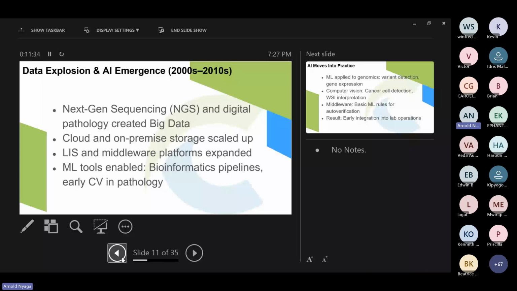So we have cloud systems for storage, and also lab information systems and middlewares, whereby if a machine is running and the controls have not passed, this middleware will stop the transmission. Then machine learning tools were being enabled, with bioinformatics gaining popularity a lot. And also in pathology, in cytology, the cells are taking on the cells.